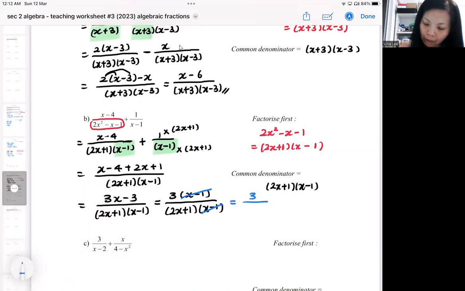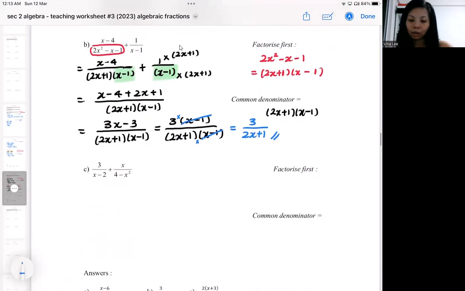So we can cancel bracket because it's a multiplication. We cannot cancel plus or minus. So we cancel bracket like your primary school cancellation in the multiplication process. Okay, so these are the harder ones.